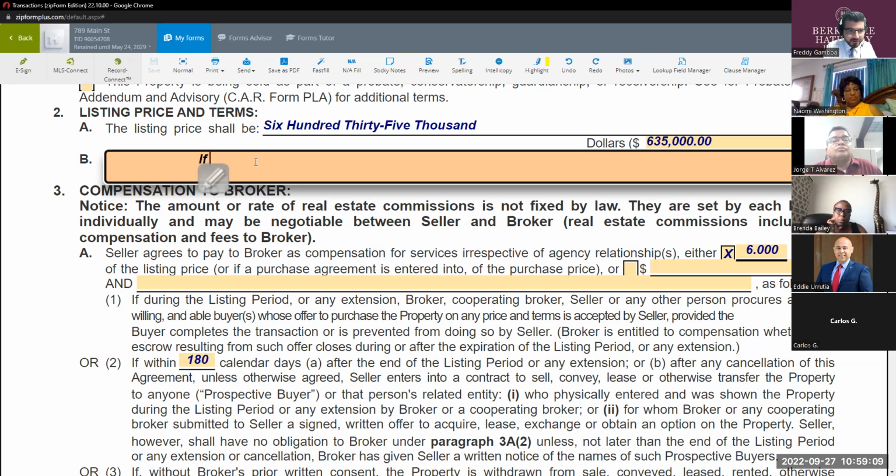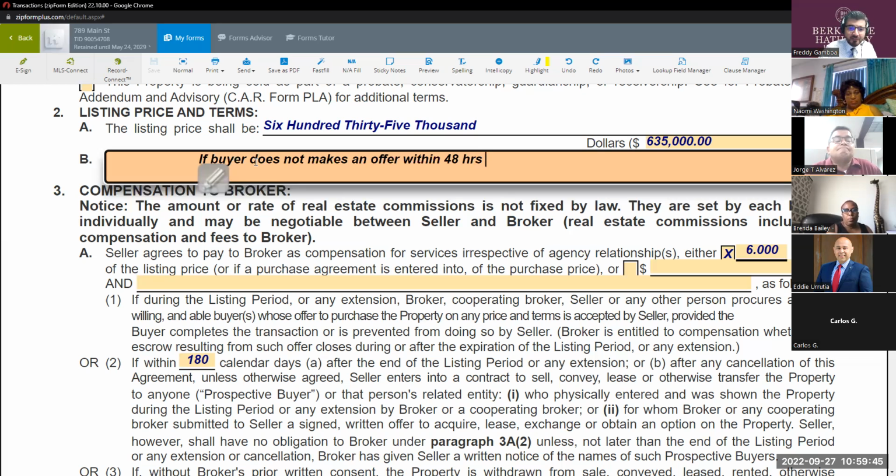So if buyer does not make an offer. Now, what do you think would be fair? 24 hours, 48 hours for the buyer to come in and submit an offer? I would say 48 hours. Me too. 2 days.